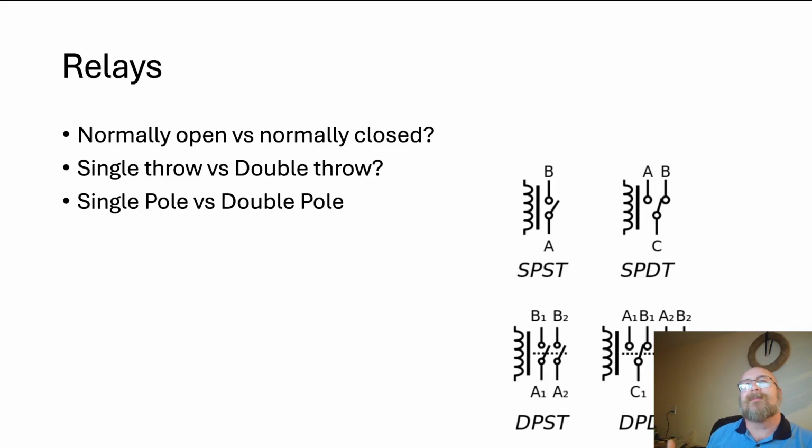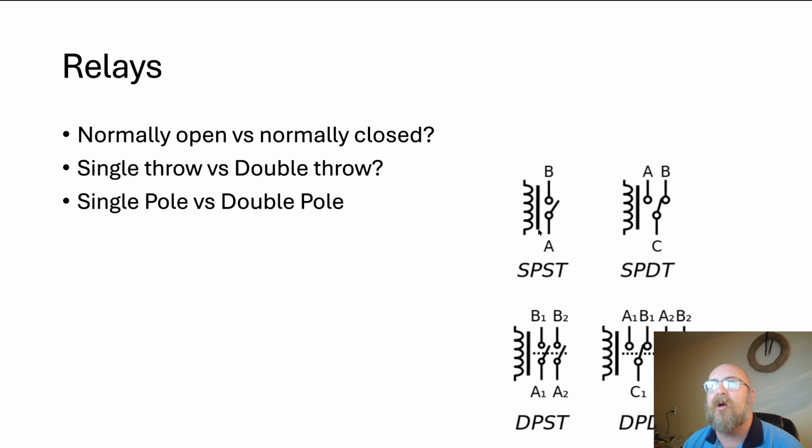At its heart, when we look at the symbols for these things, it's kind of the old question: is it normally open? Is it normally closed? Is it single pole versus double throw? Relays come in many of the same switch architectures. The symbology of the switches is the same. The difference is that it's shown as controlled with an inductor. This is the symbol for an inductor right here, and this is the symbol for a switch.